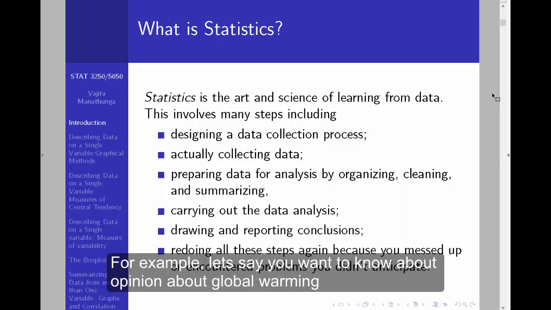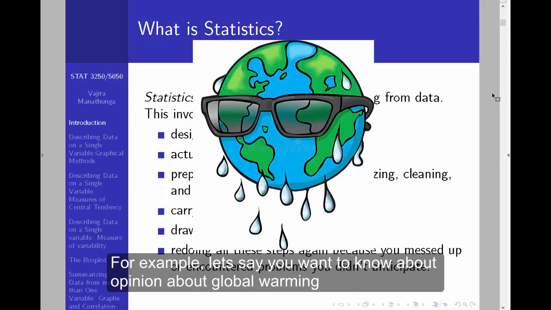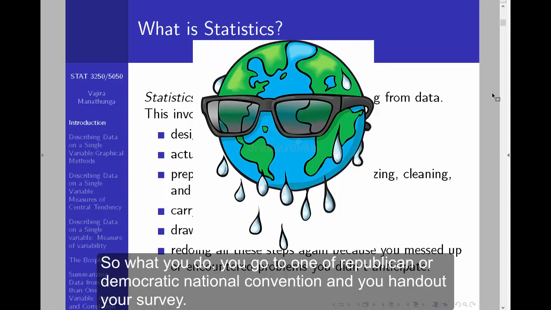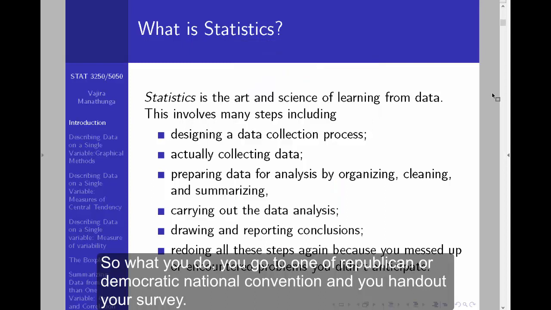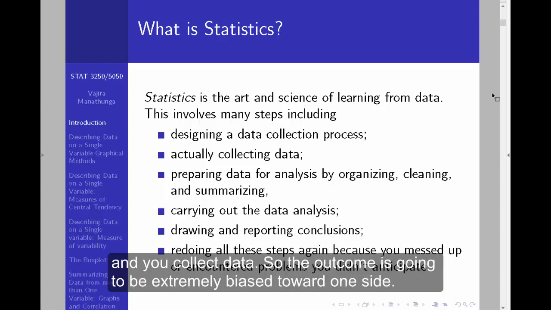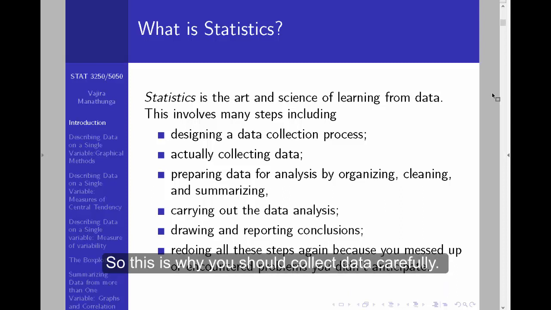For example, let's say you want to know about opinion about global warming. So you go to one of the Republican or Democratic National Conventions and you hand out your surveys and collect data. The outcome is going to be extremely biased toward one side. So this is why you should collect data carefully.